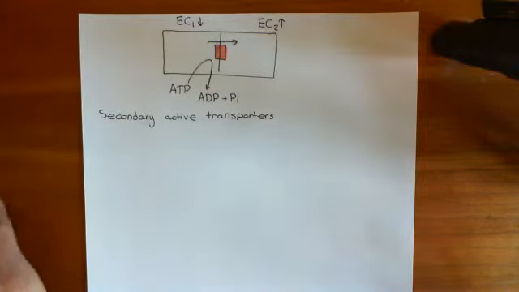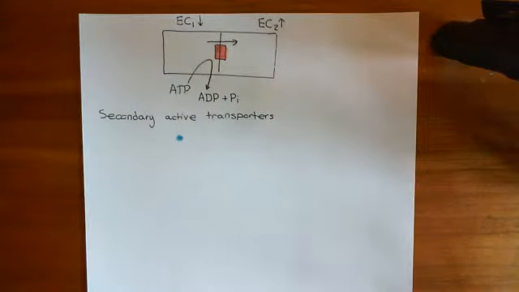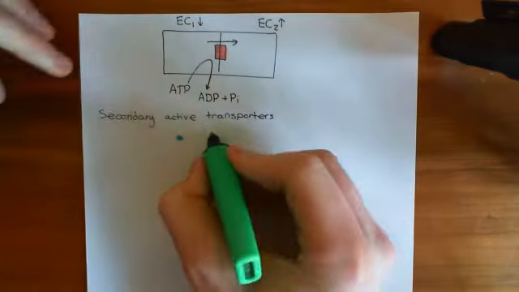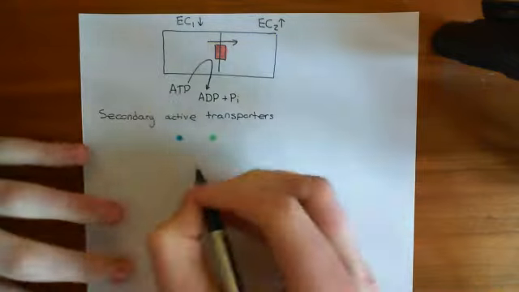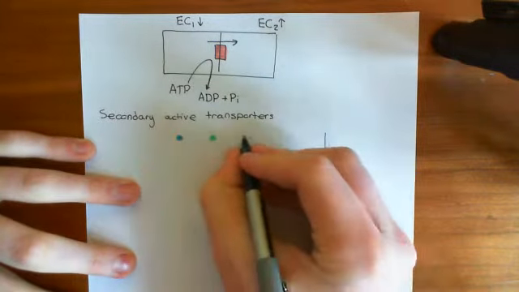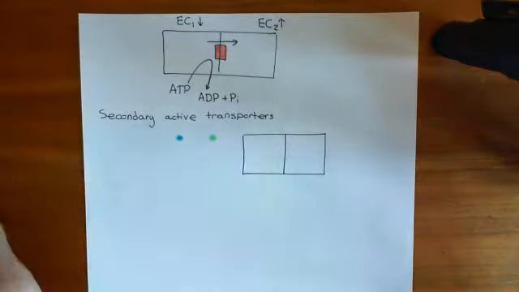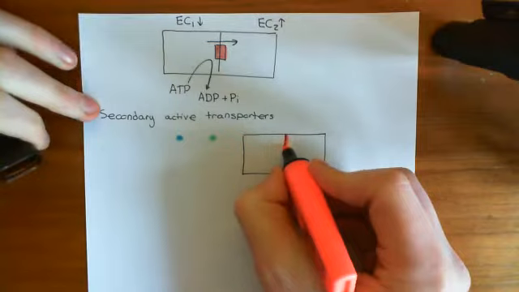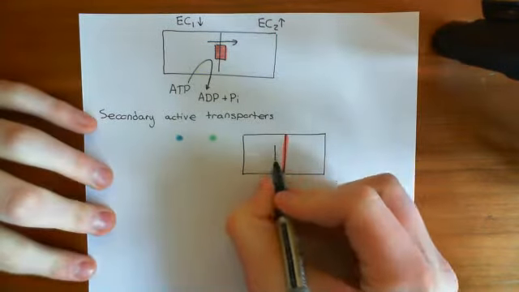So for this example, we need two solute molecules. Let's have solute molecule blue and solute molecule green. Again, let's have two compartments, and here is the membrane. Like so. And then we've got our secondary active transporter here.